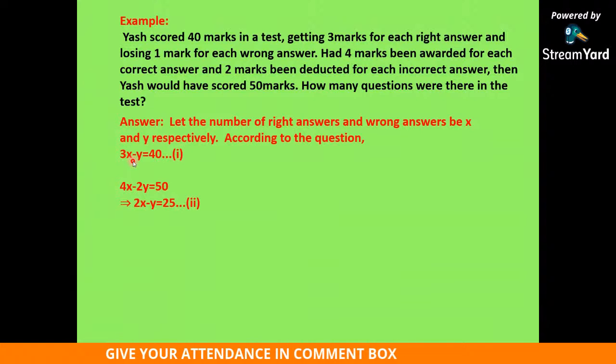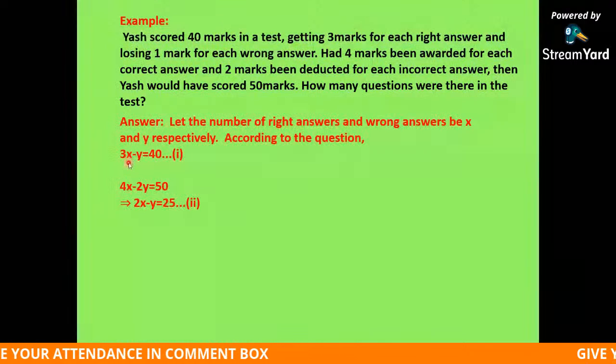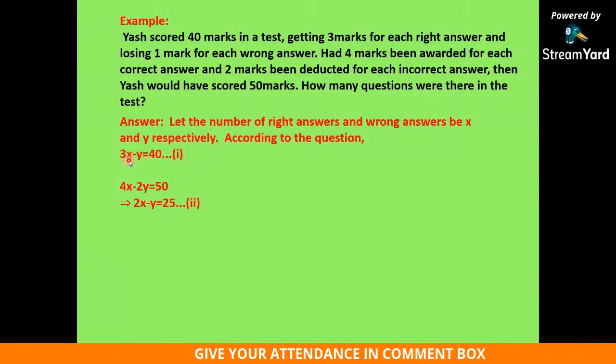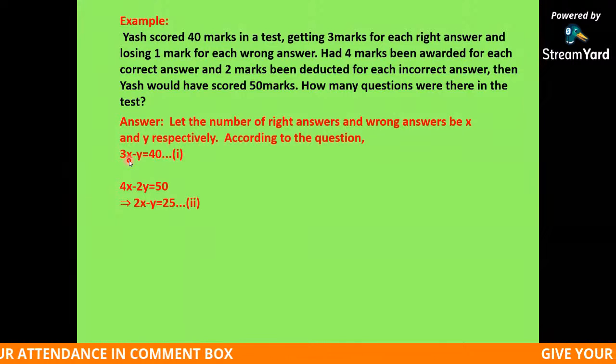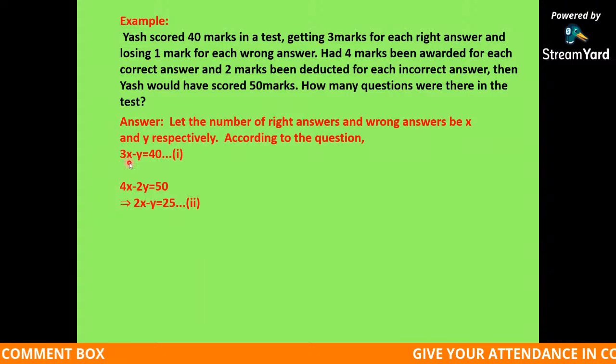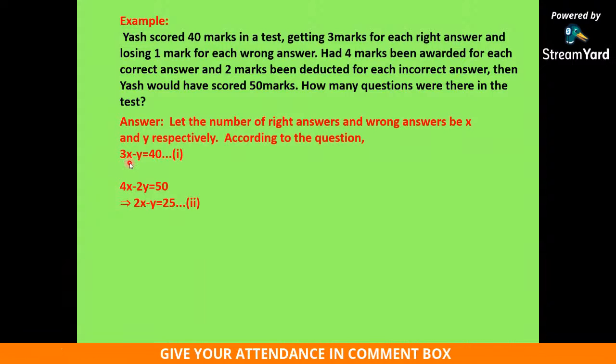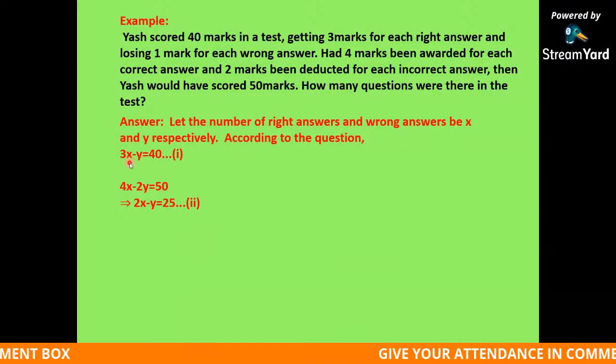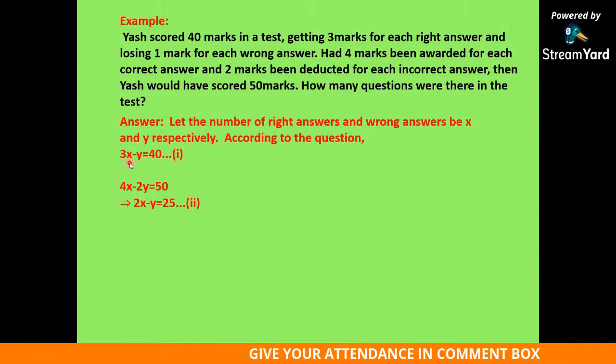Therefore, deduction means we are going to use the minus sign. 3 into x, 3 is the marks for each right answer, and x is the number of right answers that Yash has written. 3x minus y, because here how many questions he has written wrong we don't know, we just know that he has done some questions wrong.